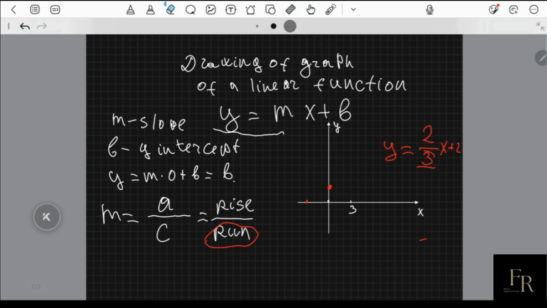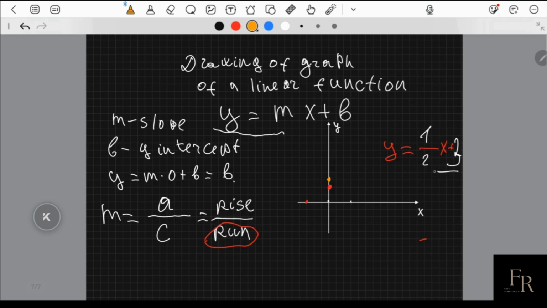Let's say our function is 1 divided by 2 x plus 3. So our y-intercept is at point 3. That's my y-intercept.